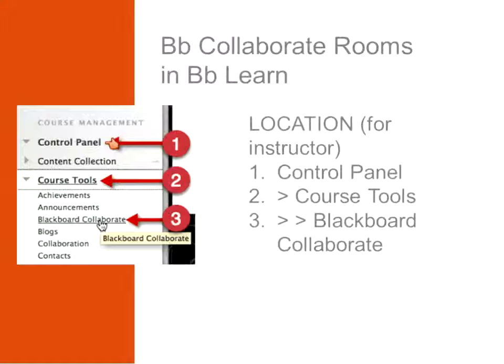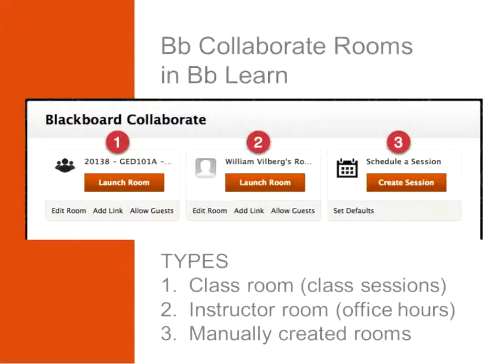If there are multiple instructors, there will be multiple rooms inside that course. Then you go to Course Tools, and then you go to Blackboard Collaborate, step 3. Now, since the control panel is only available to the instructor, this is how the instructor gets there. Later I'll talk about how the students get there.